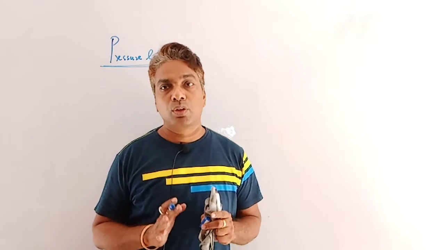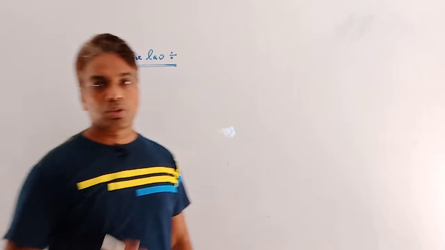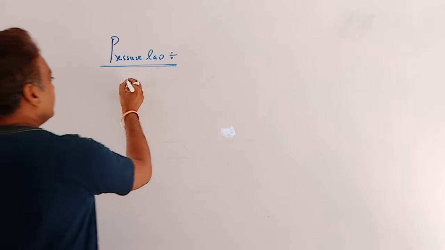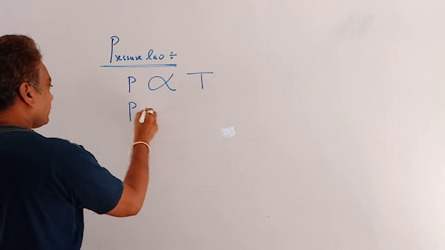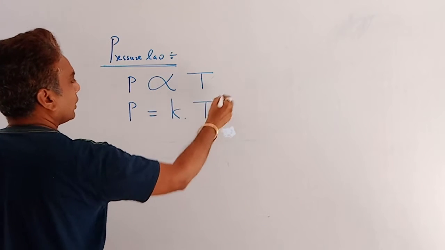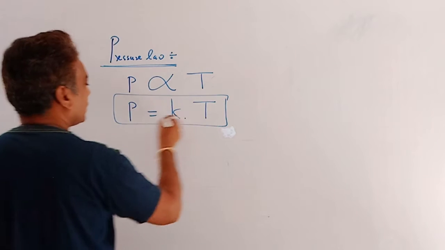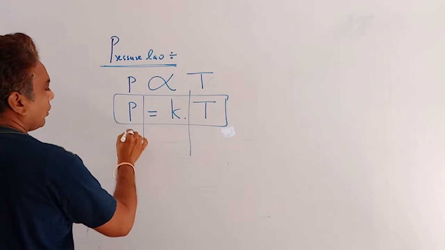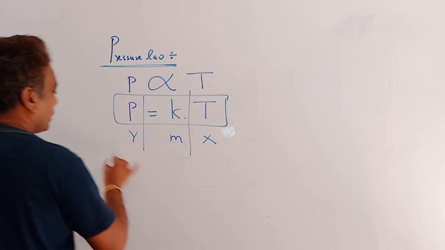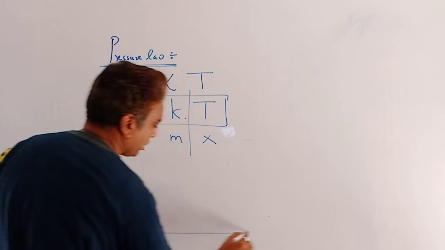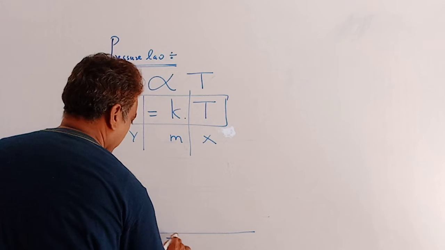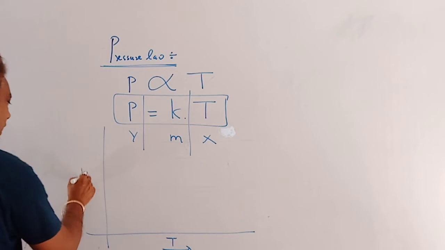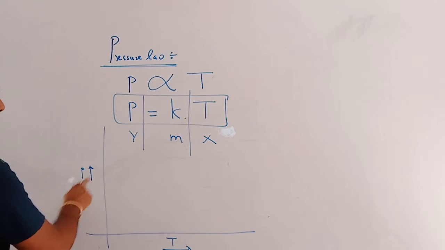Pressure law states that at constant volume, the pressure is directly proportional to temperature. It means P is directly proportional to T. So P is equal to K into T. And the graphical representation is the same as Charles' law. Y is equal to mx, a straight line passes through origin. Suppose on the x-axis it is temperature, and on the y-axis it is pressure.